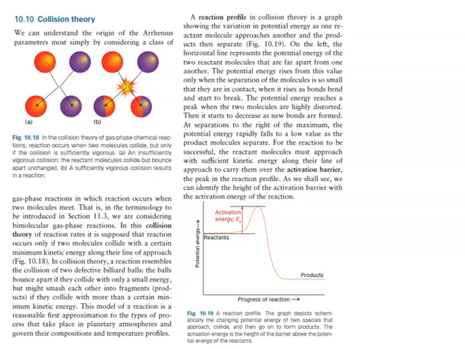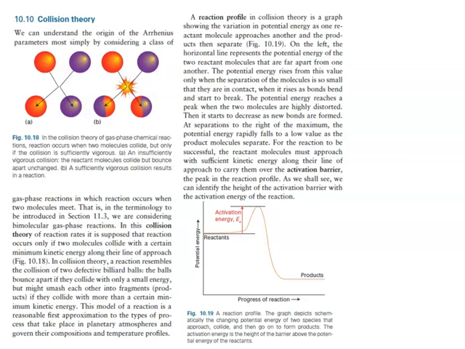A reaction profile in collision theory is a graph showing the variation in potential energy as one reactant molecule approaches another, and the products then separate, and this is shown in figure 10.19 below. On the left, the horizontal line represents the potential energy of the two reactant molecules that are far apart from one another.